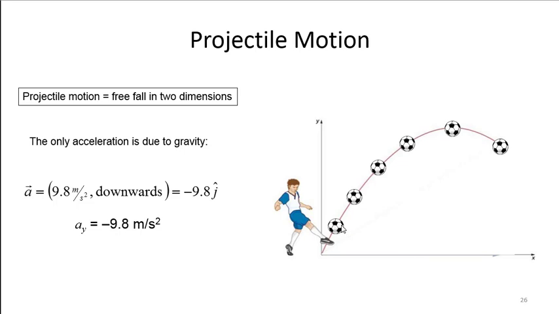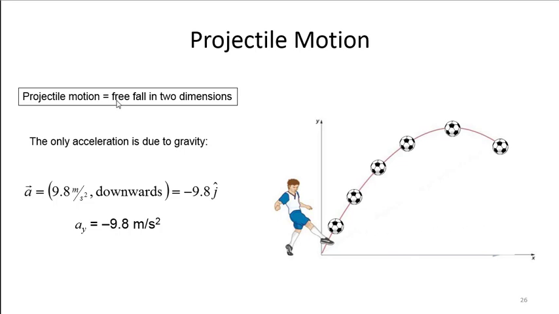So it's going to keep moving in that horizontal direction, and that velocity is not going to change because a sub x is 0. So the horizontal velocity stays the same. The vertical velocity, the y velocity, is going to change. When it's going up, the vertical velocity gets smaller and smaller. When it's going down, that vertical velocity is going to get faster and faster. The horizontal velocity does not change.